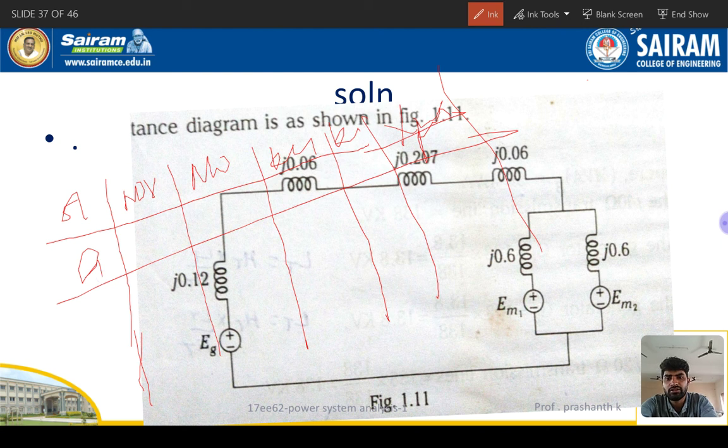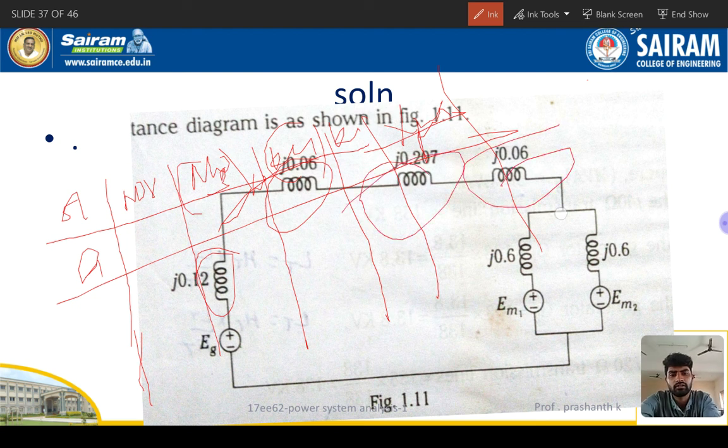See here, MVAb new value and MVAb old value, the base MVAb you will get as a constant, new value, and then the old value we need to determine, almost the same. kV old you can take from the transformer primary side and secondary side. Just solve the problem and you will get the answer 0.06, 0.20. Finally the answer becomes.